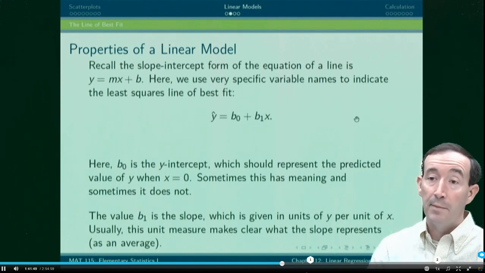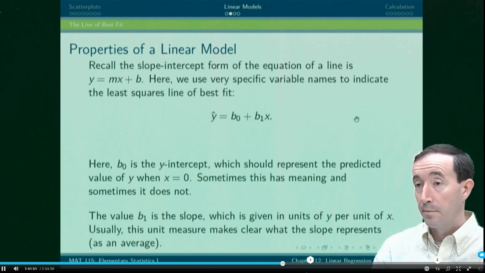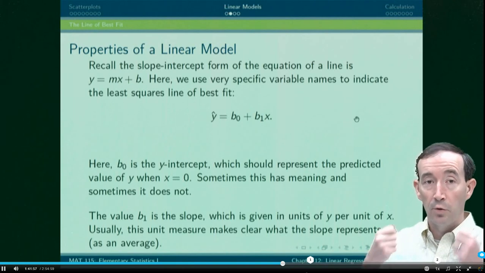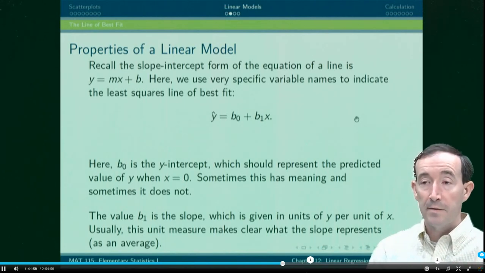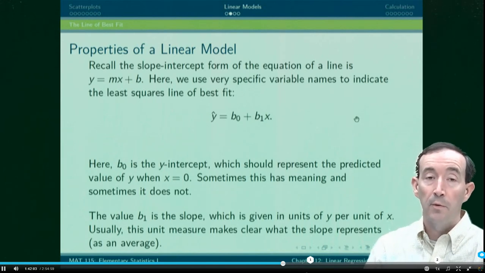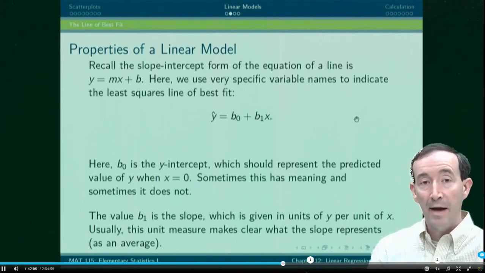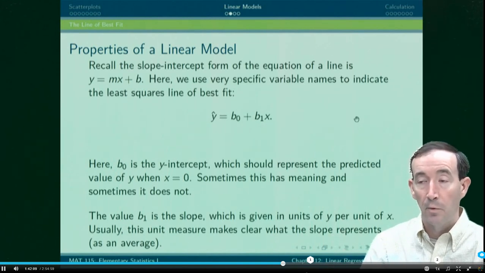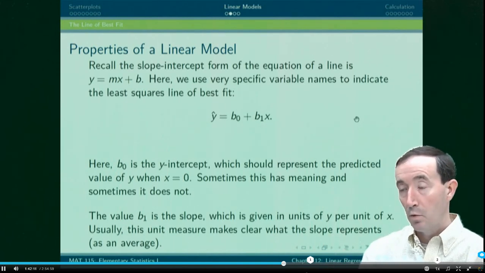And if nothing else, I know that because that's what miles per hour are used for. So if you do the same kind of thing, you think about your units of your y variable and your units of your x variable, and you say units of y per units of x with the correct number for the slope, you'll usually be able to interpret what that means correctly. It tells you an average. How does the y value change as x goes up by 1 on average?